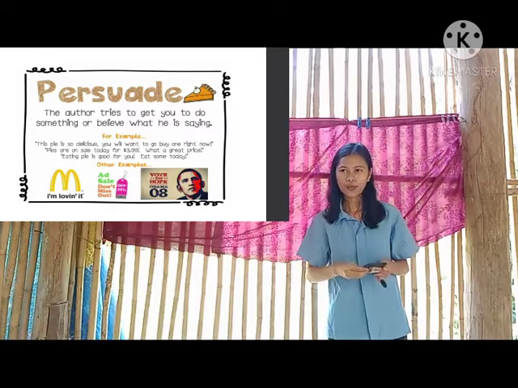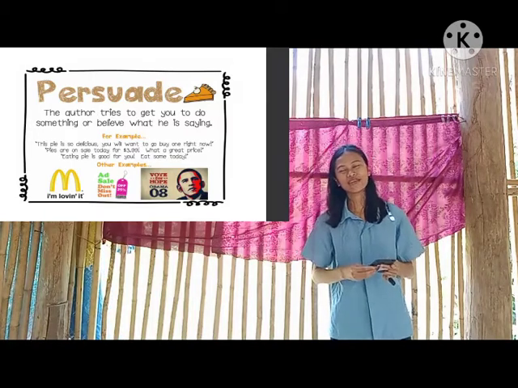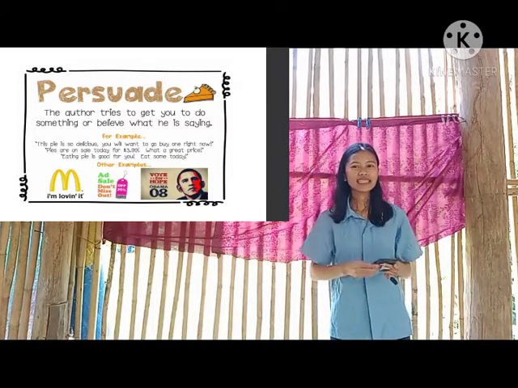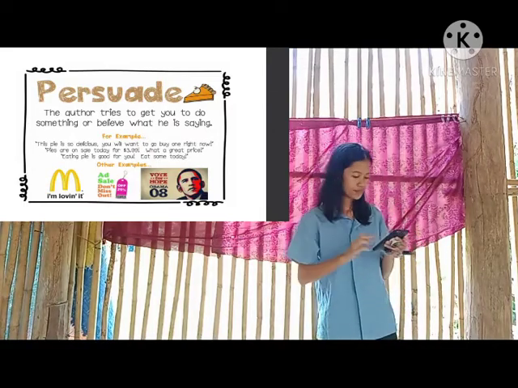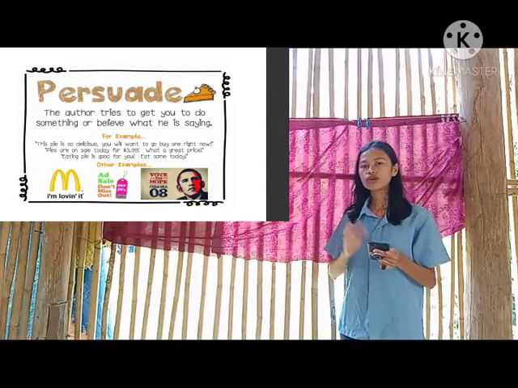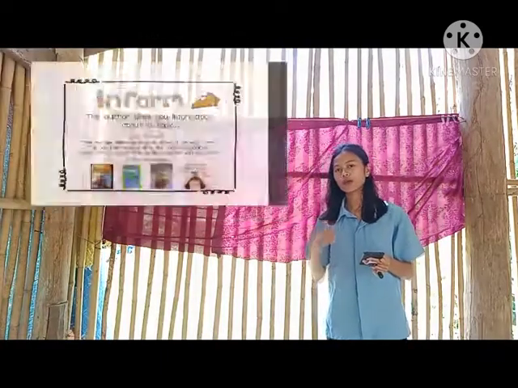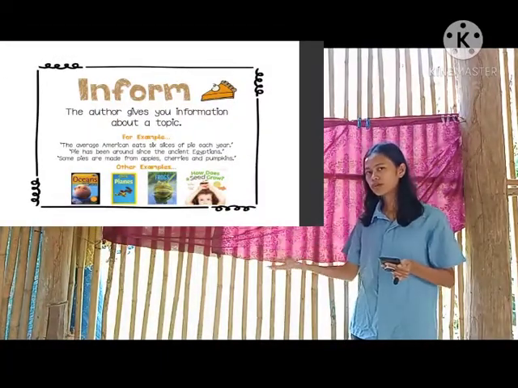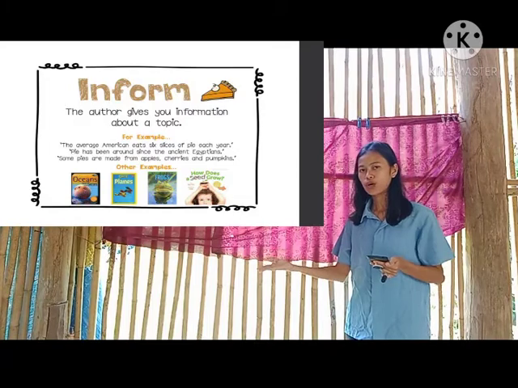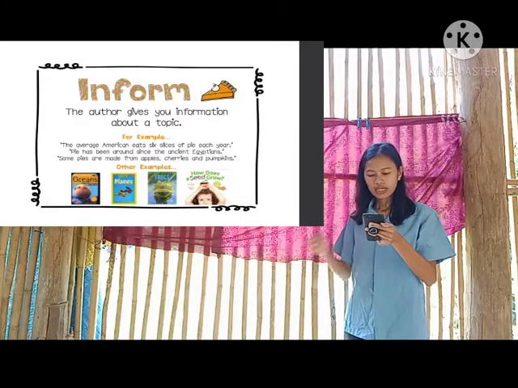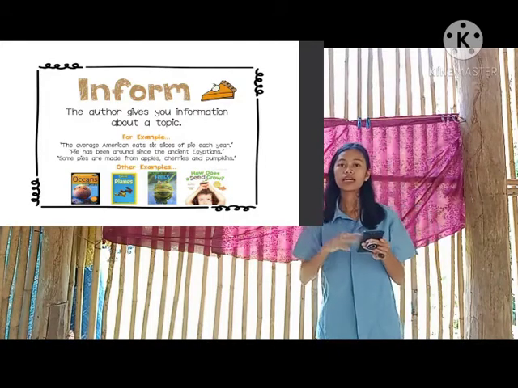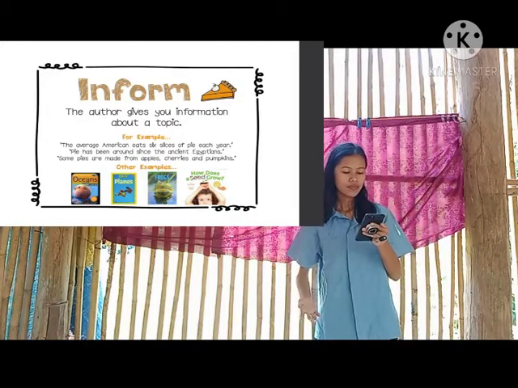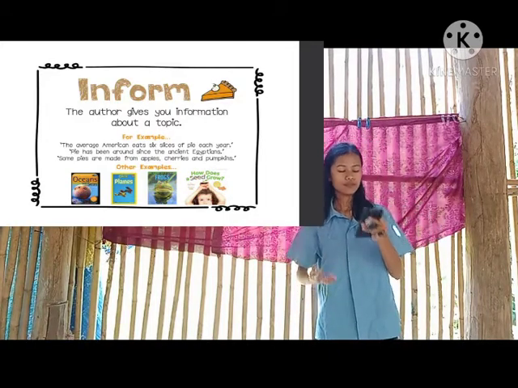Okay, now persuade me. Okay, that is a very good one. So class, that is one of the common purposes for writing, to persuade. Now we will talk about the second one, to inform. So here, when we say to inform, the author gives you information about the topic. So here I have an example.